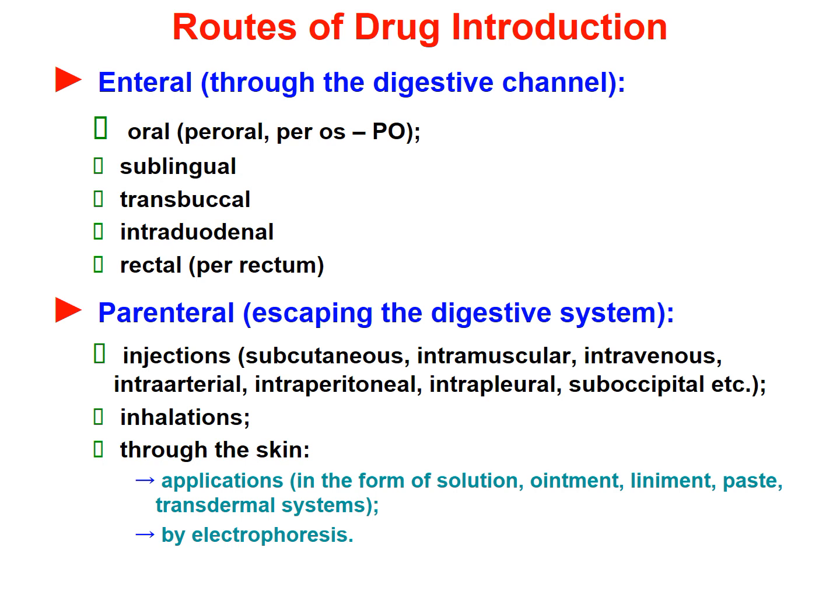And these routes are represented with different types of injections, such as subcutaneous, intramuscular, intravenous, and so on. Next, inhalations, when we introduce the drug through the respiratory system. And lastly, different local routes of drug introduction, when the drug is absorbed through the skin.